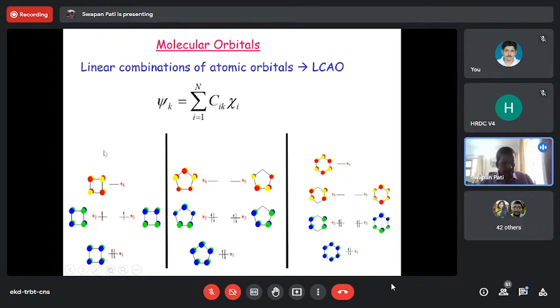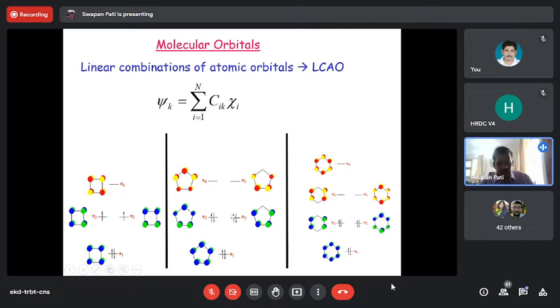Okay. For example, here are some molecular orbitals I've drawn for the four-membered ring. One and two are degenerate, and then one more molecular orbital which is anti-bonding. These are like non-bonding orbitals. So you have electrons placed like this, or for the five-membered ring you have two, two, and two here.